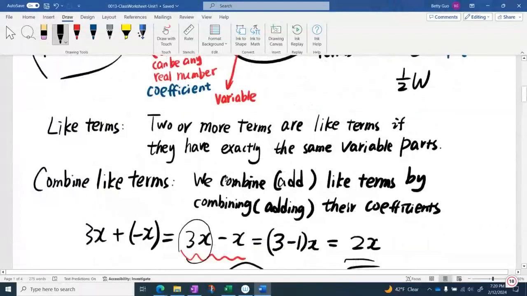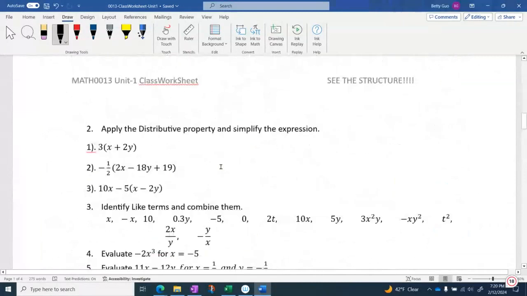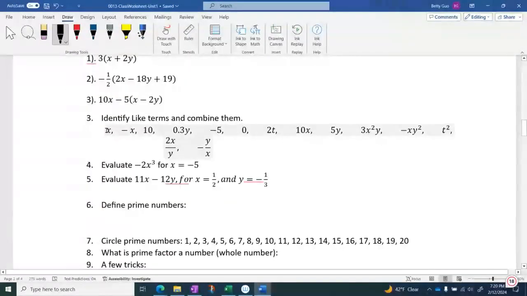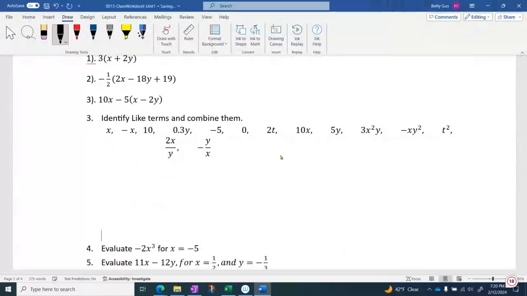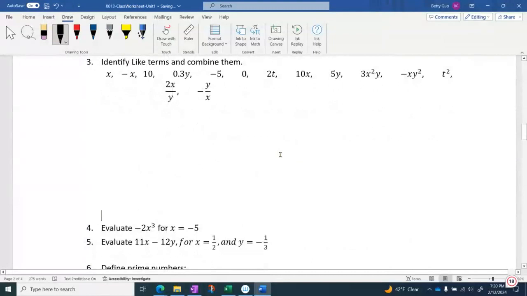Let me find related questions here. Okay, number 3. Do you see that? Let me leave some space here. Identify like terms and combine them. We are looking at number 3 on the worksheet of Unit 1.